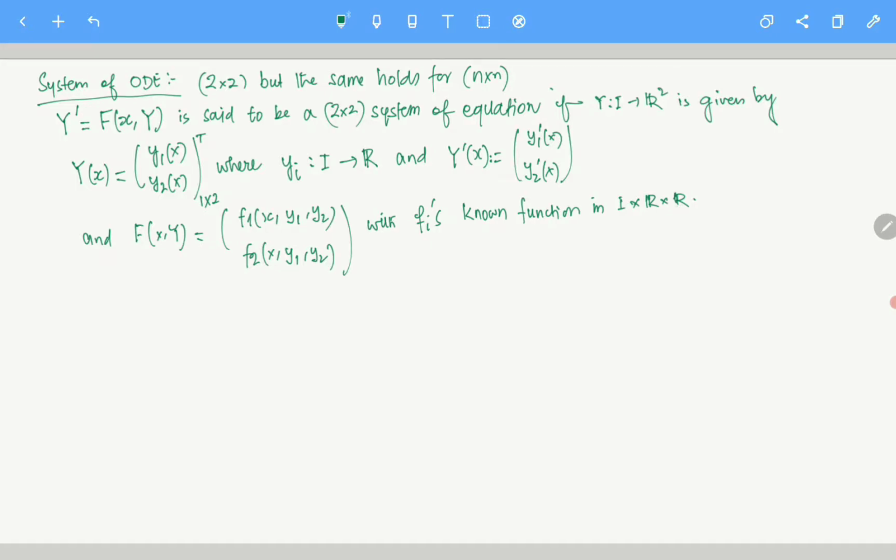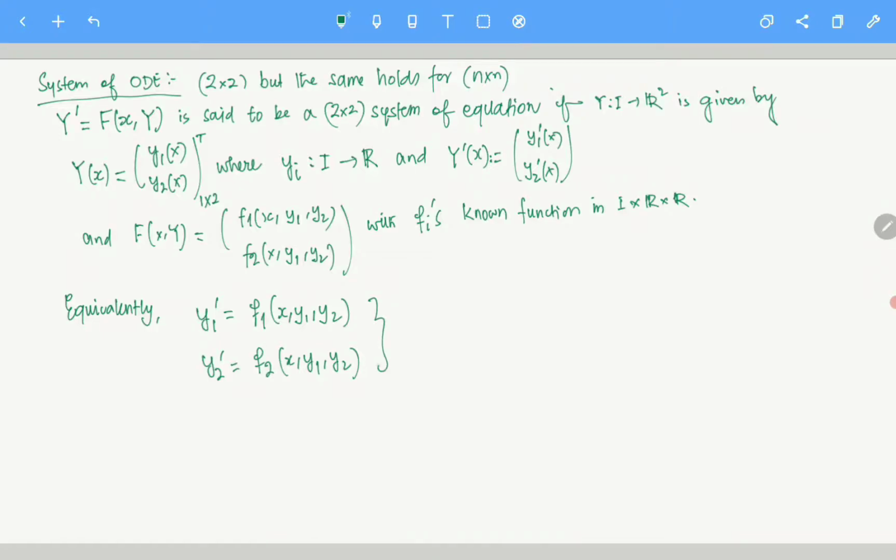So essentially, equivalently, you can just write it like this: you have an equation like this: y1 prime equals f1 of x, y1, y2, y2 prime equals f2 of x, y1, y2.